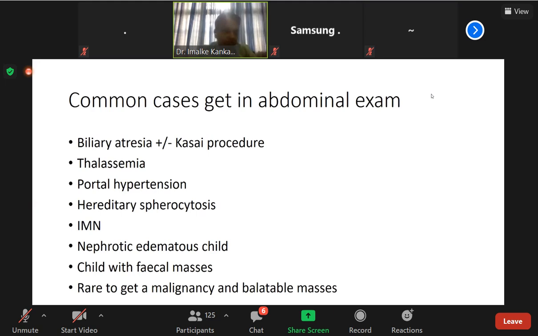So before everything you need to know what are the common cases that you are going to get at the exam. If it is less than 6 months, highly likely a case of biliary atresia plus or minus Kasai procedure. Number two, thalassemia is the commonest.